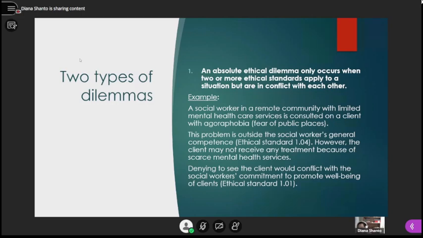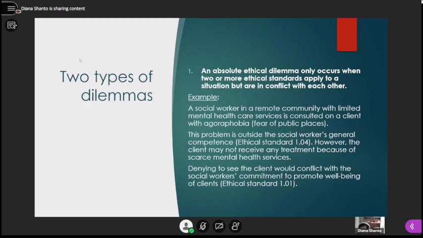Ça veut dire, a remote community, il n'y a pas beaucoup de services là-bas, and they have to provide their services for a client who has a fear of public places. Maintenant, the social worker is not competent enough for working with someone with agoraphobia because it's a particular fear.